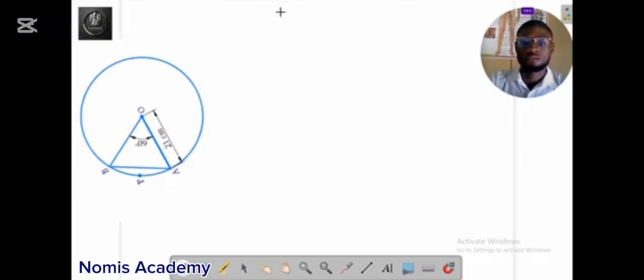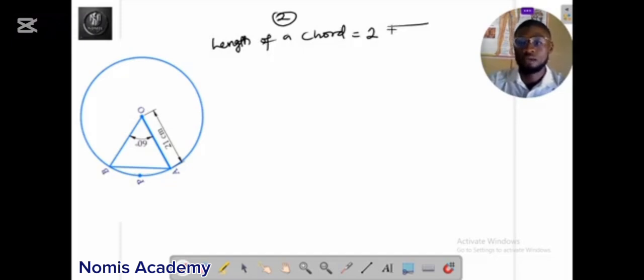The second formula says that the length of a chord is equal to 2 multiplied by the root of r squared minus d squared. Now let us learn the parts of this formula.